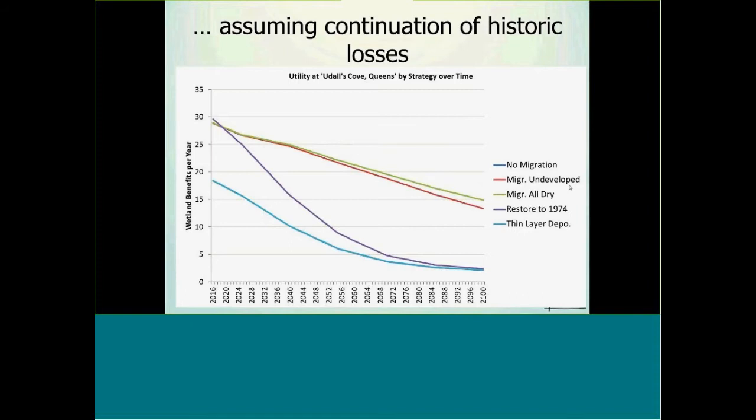Another piece of this is that we allow for the continuation of historic losses. It's an interesting observation that marshes have been lost overall in the New York study area that we've been looking at since 1974 to current maps, but that would not be predicted on the basis of sea level rise alone.